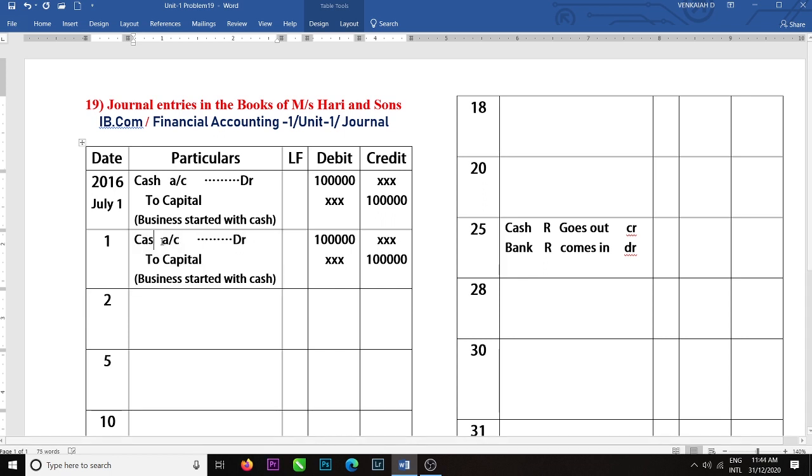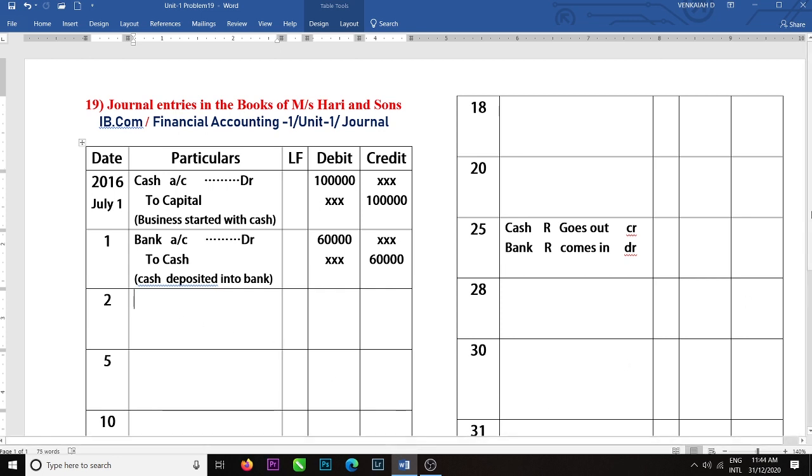The amount is 60,000, cash deposited into bank.